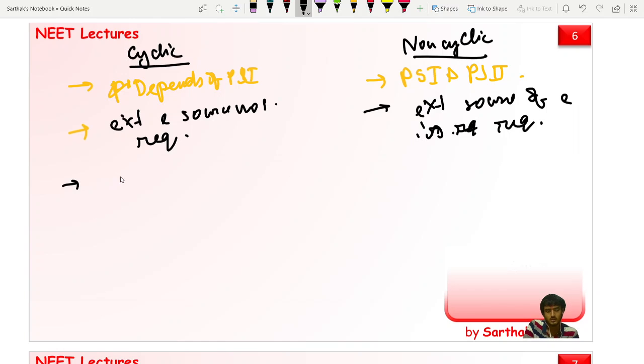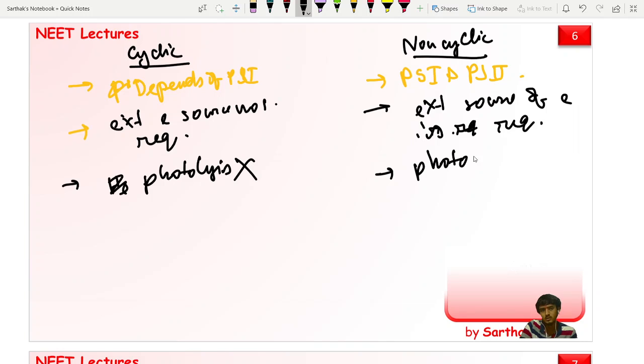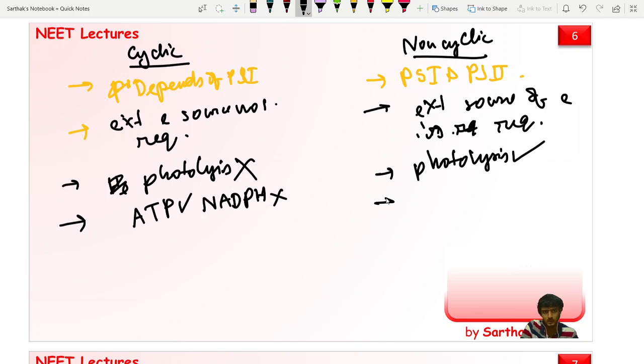The third point is H2O. In cyclic, photolysis or splitting of H2O does not occur, and in non-cyclic photolysis does occur. In cyclic, ATP is formed and NADPH is not formed, and in non-cyclic photophosphorylation, ATP is formed and NADPH is also formed.